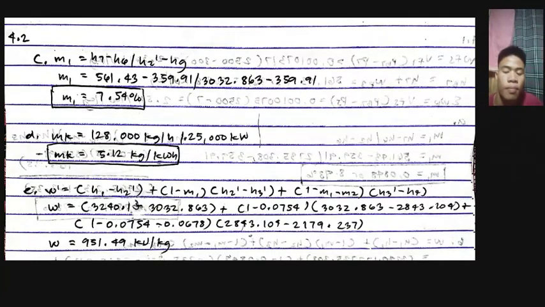So by substituting it and next by calculating it, we can get W equals 951.49 kilojoules per kilogram.